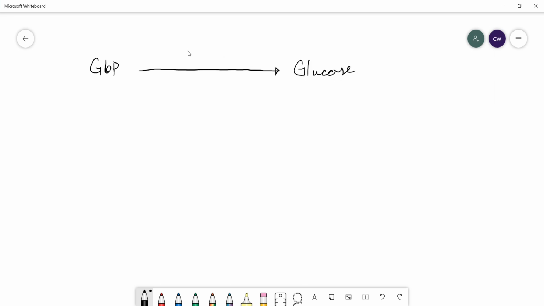We dephosphorylate, and this happens exclusively in the liver, by glucose 6 phosphatase.